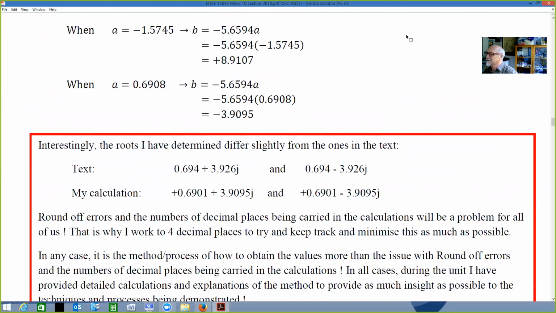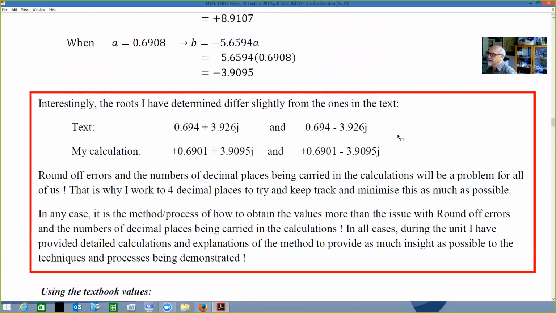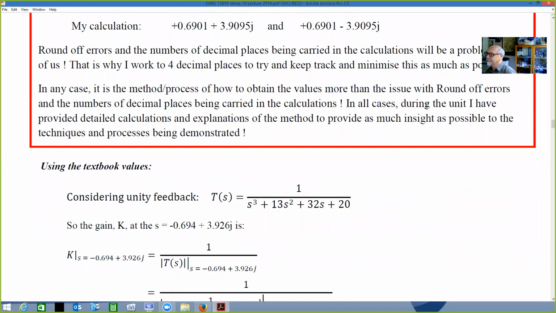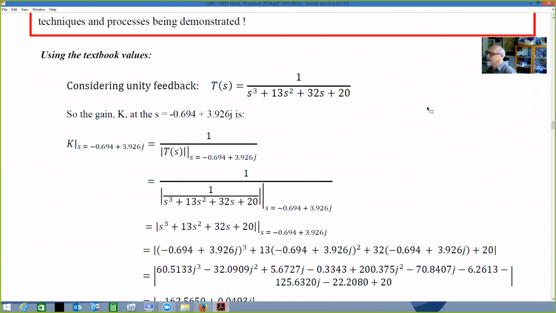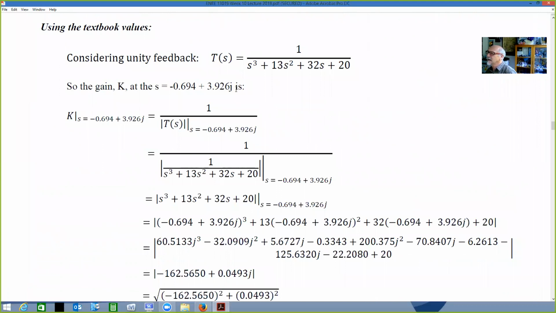The textbook doesn't work to 4 decimal places. Just for consistency, I've been working to 4 decimal places, so there is a slight difference, as you might imagine. The textbook is saying this is what they've got, and this is what I've got. So there are round-off errors. But the point is that if we use the textbook values, looking at that particular point, we're trying to find the gain at that particular intersection point.